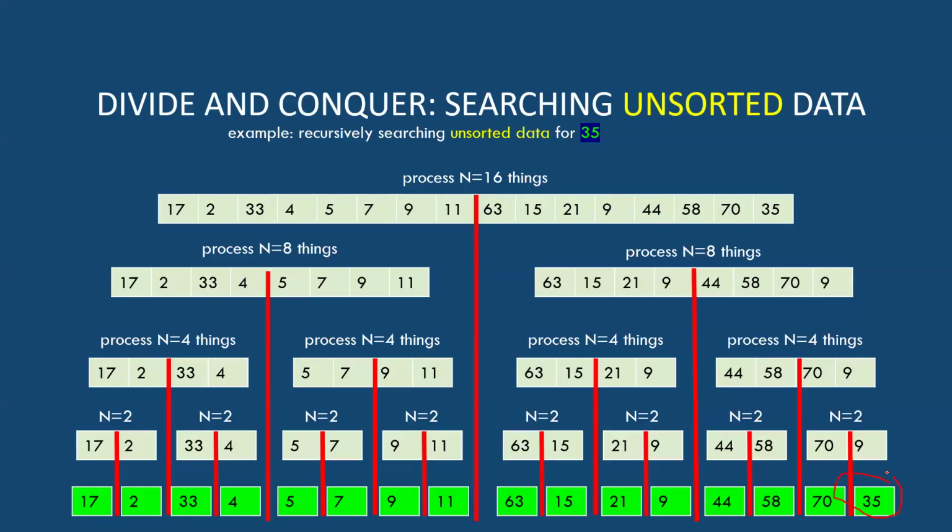It's always going to end up being that at some point I have to look at every single number before I can actually find the thing. So it's not that divide and conquer necessarily buys us some performance increase unless we have something done ahead of time, like we've already sorted this information. So let's take a look at that.